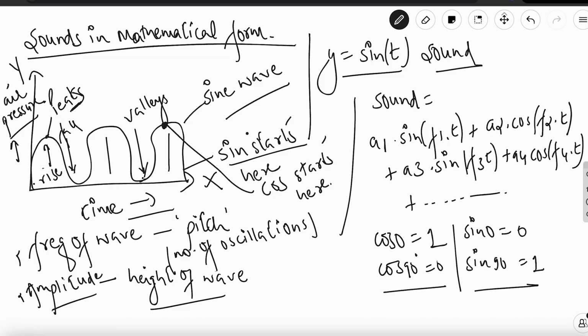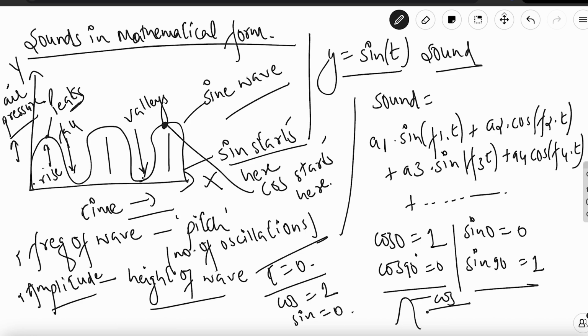So when time is 0, when I say t is 0, cos will be 1, whereas sine will be 0. That's why sine is here in this wave at t0. This is where cos is and this is where sine is. Now as voice is basically a continuous sine wave, we can represent sound as a1 sin f1t plus a2 cos f2t.